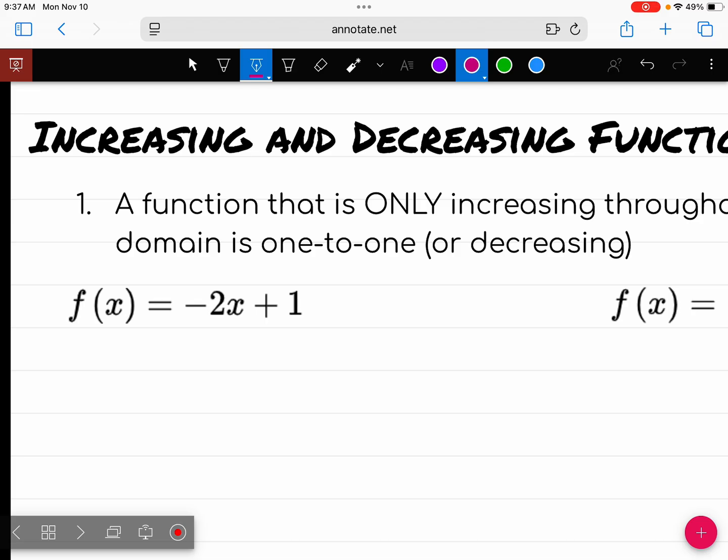What do we think about this linear equation? Is this going to be one-to-one? Yeah.